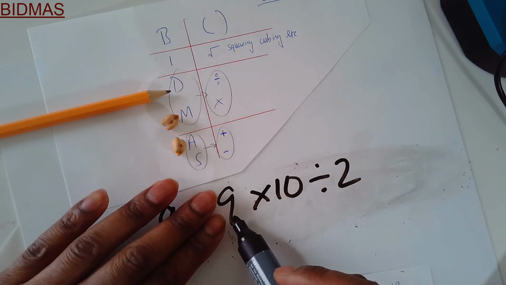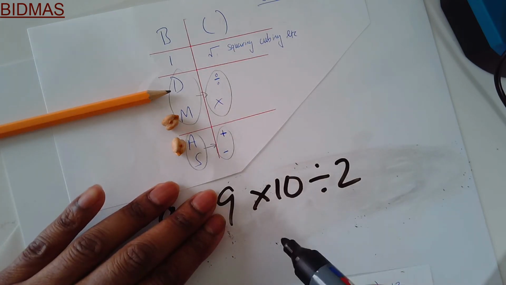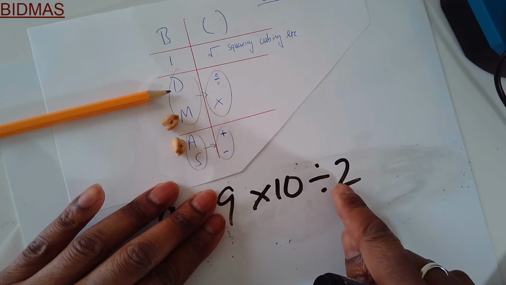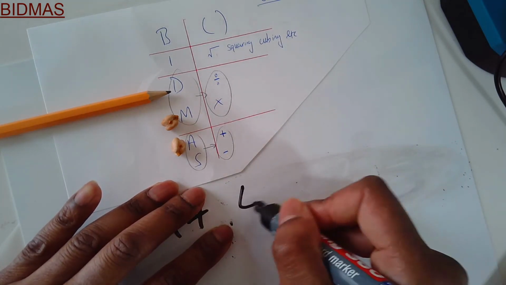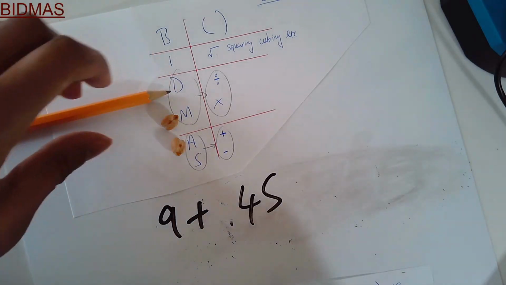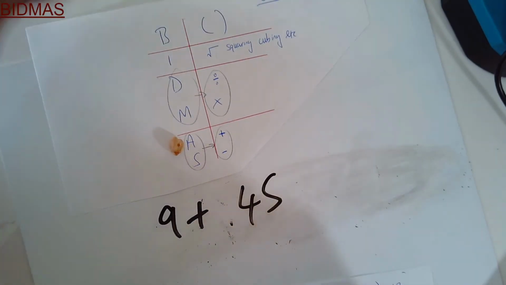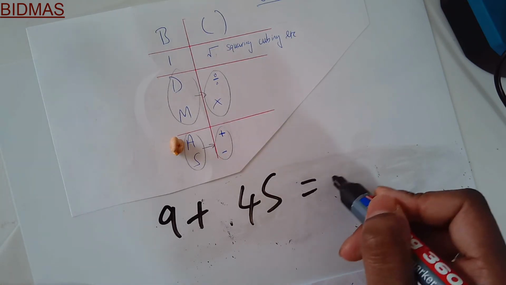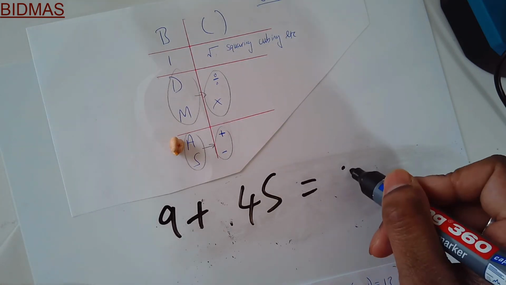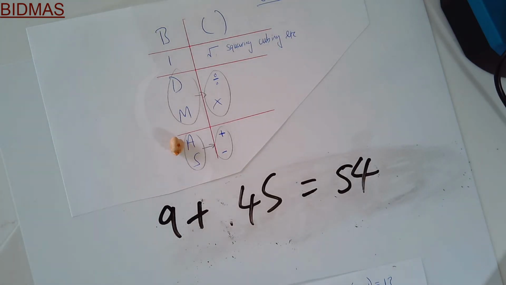But let's do this. 9 times 10 is 90. 90 divided by 2 is 45. So we've done that out of the way. Just left with adding. 45 add 9, 53. 54 rather. Right, 54.